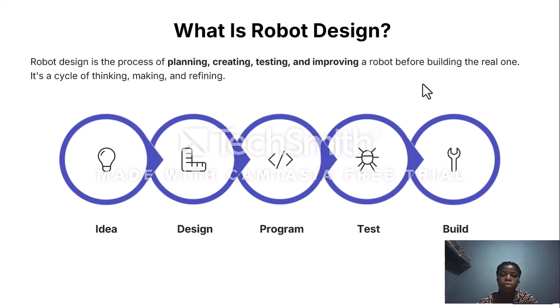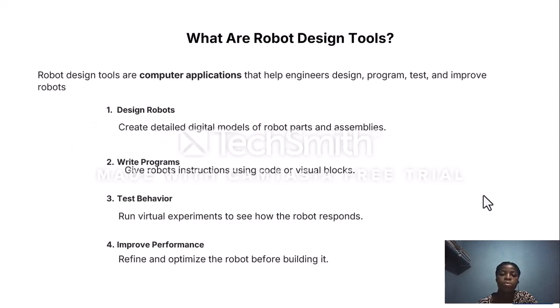So we will move on to robot design tools. To complete those steps we talk about, we use robot design tools to complete them. Robot design tools are computer applications that help engineers design, program, test and improve robots.